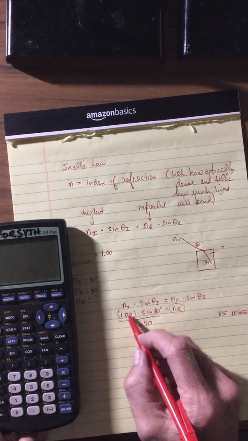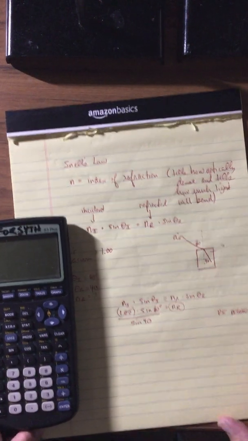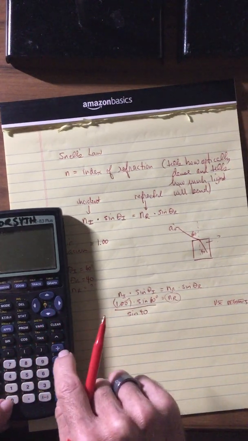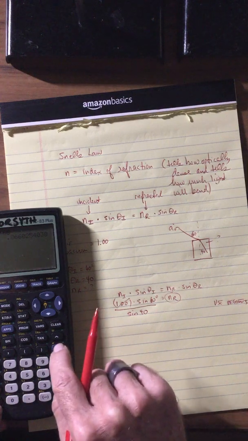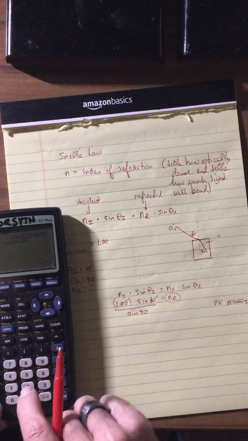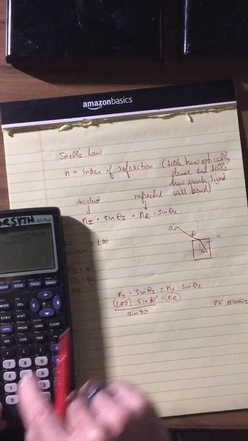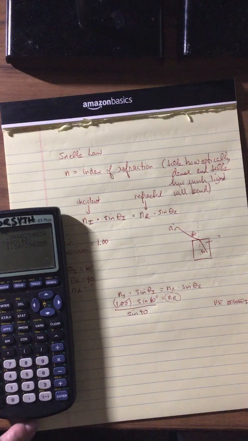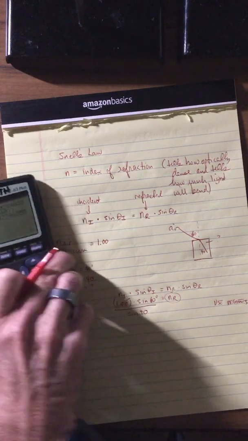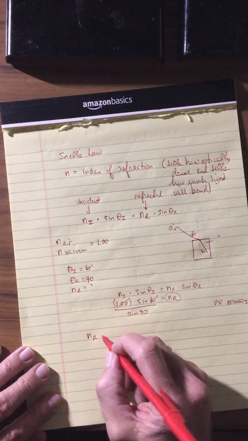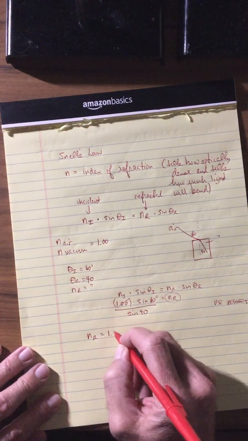I have 1.0, but that's not going to affect the problem at all. So it's really the sine of 60, enter, divided by the sine of 40. And that will give me 1.35. So the index of refraction for my material is 1.35.